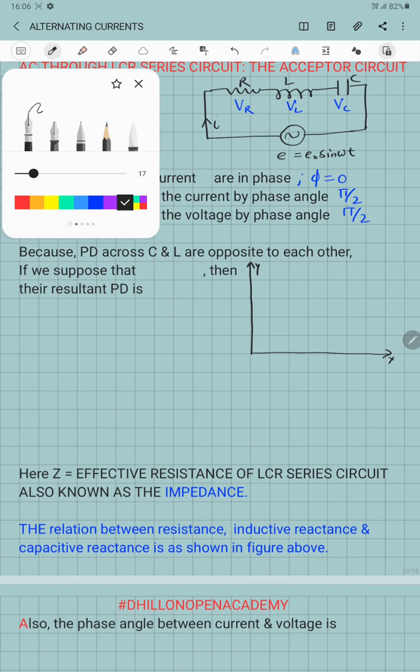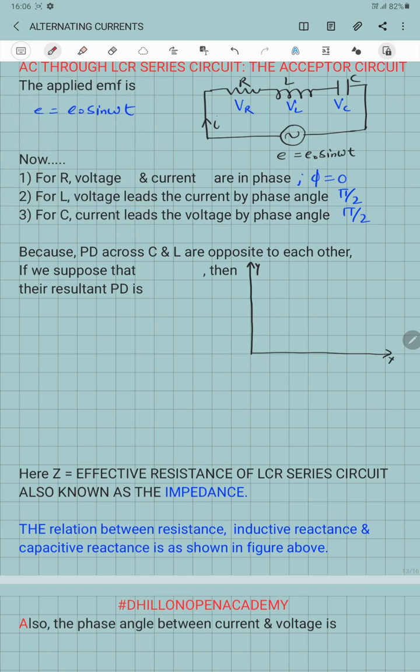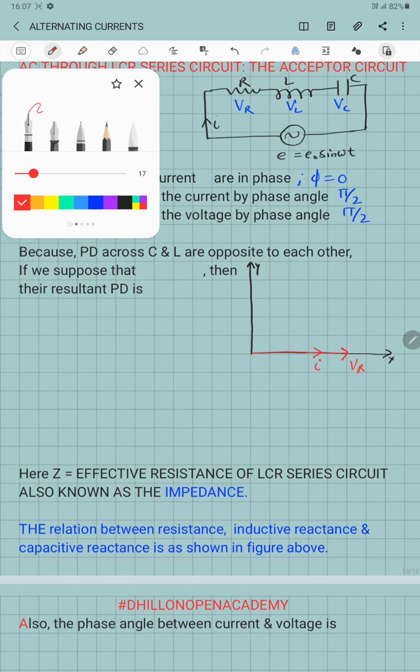First we do it for the resistance. We know that for resistance, voltage and current are in phase with each other. So if we represent the voltage of the resistance along the x-axis like this, then current will also be along the same axis, because for resistance they are in phase with each other.